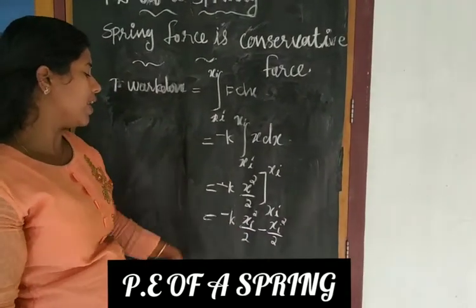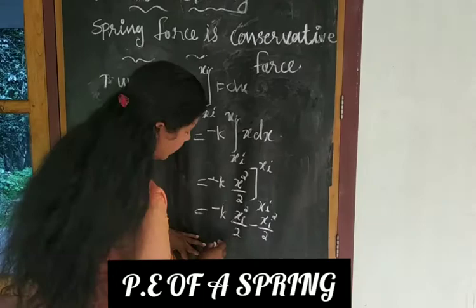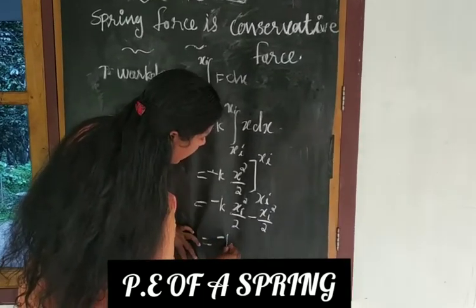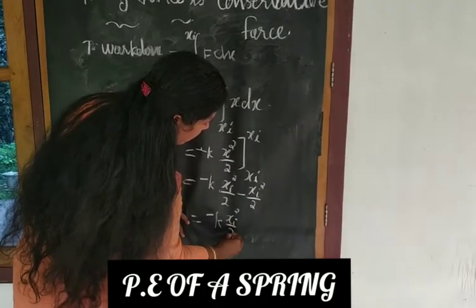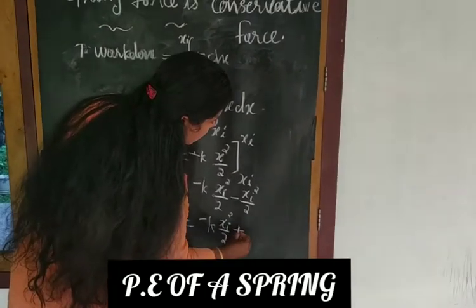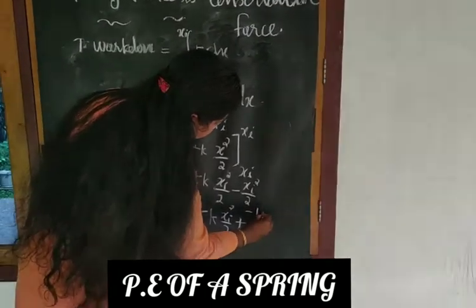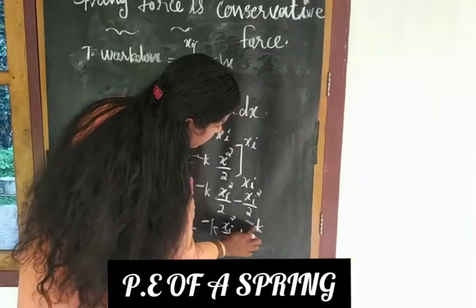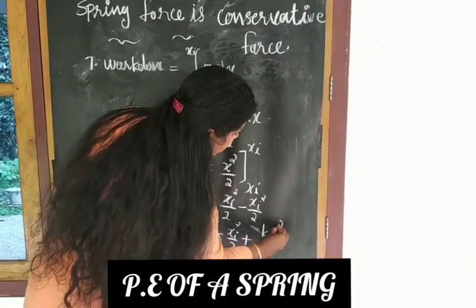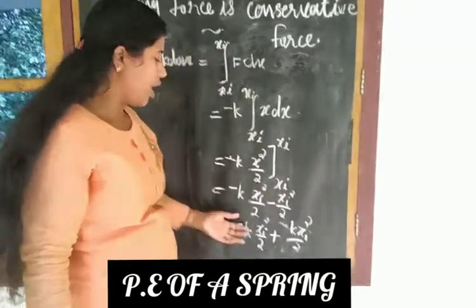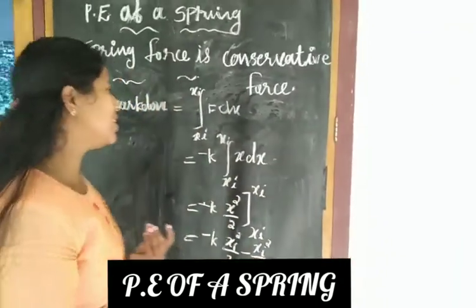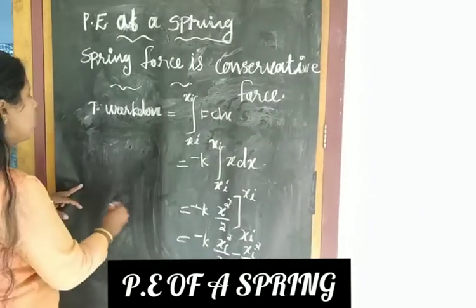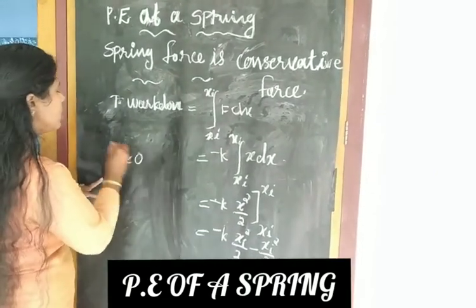Multiplying by minus k, we get minus k into xi squared divided by 2 plus k into xi squared divided by 2. One term is positive, one term is negative, so they cancel. That means the total work done W is equal to 0.